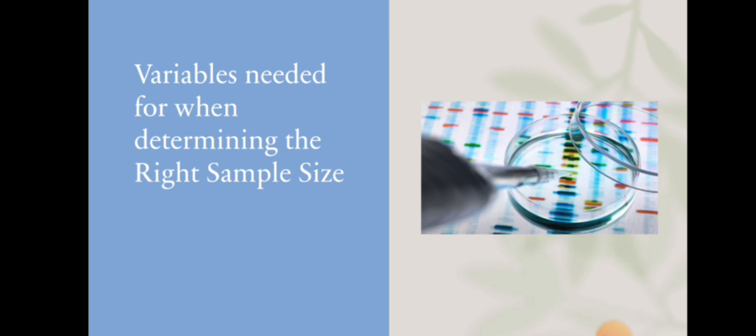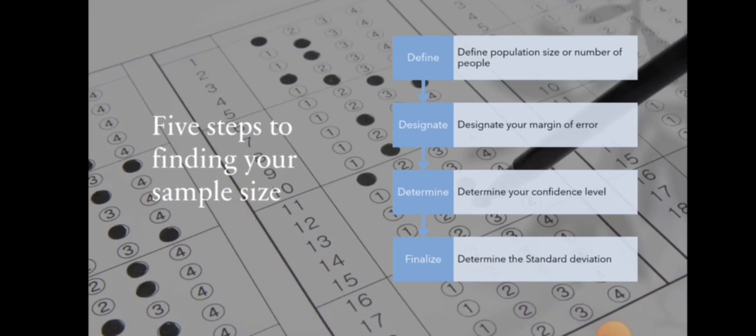What variables or factors are needed when determining the right sample size? As I discussed above, the right sample size is very important for a manageable and timely study. So what are the basic variables? The first one is the population. The second is margin of error.